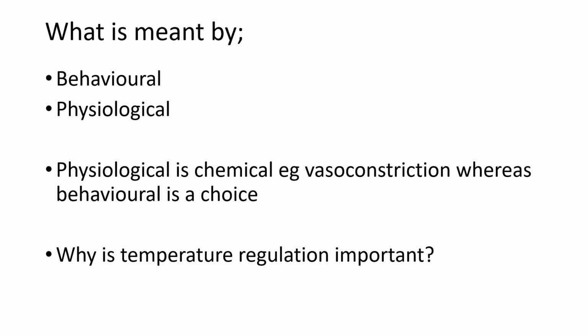Anabolic reactions build things. So taking amino acids and building them into a protein is an anabolic reaction. Catabolic reactions do the opposite. They take larger molecules and break them down into smaller molecules.